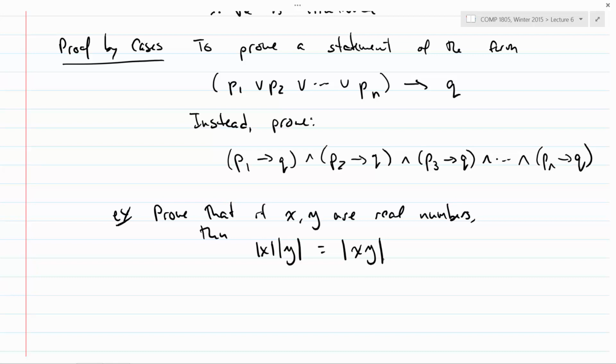So the cases you have to consider depend on the behavior of the absolute value function, and that depends on whether the things are positive or negative. So we're going to have 4 cases because x can be positive or negative and y can be positive or negative. So you have 2 times 2 is 4 cases to consider.